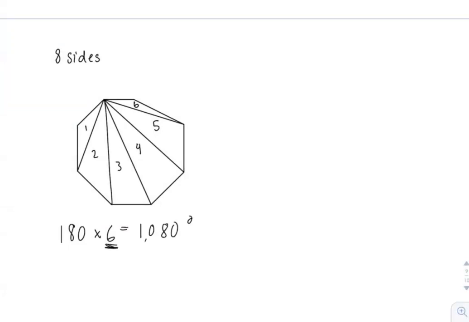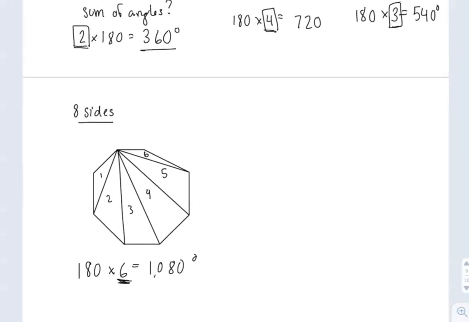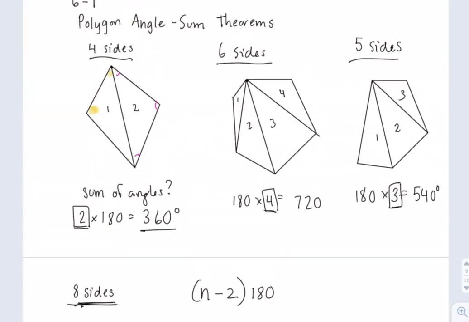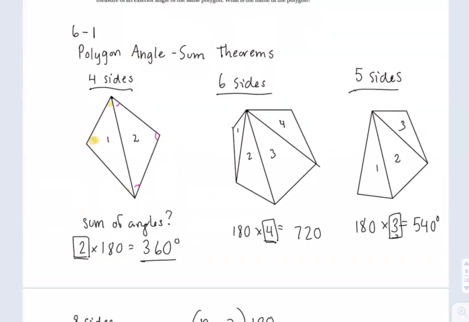All right, so with 8 sides, we multiply by 6. So you guys notice the pattern here, right? We basically are taking the number of sides, I'll say that's n, for number of sides. I'm subtracting 2 from whatever number of sides I have, and then I'm multiplying that by 180, right? So 8, I subtracted 2 to get 6, multiplied by 180. For 5, subtracted 2 to get 3, multiplied by 180. So you guys see the pattern here.